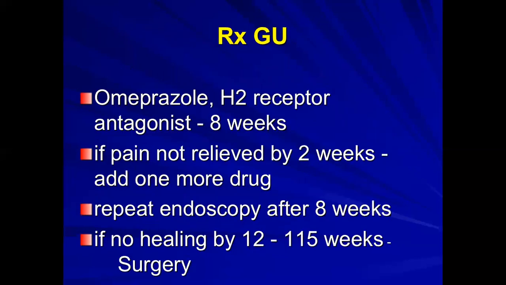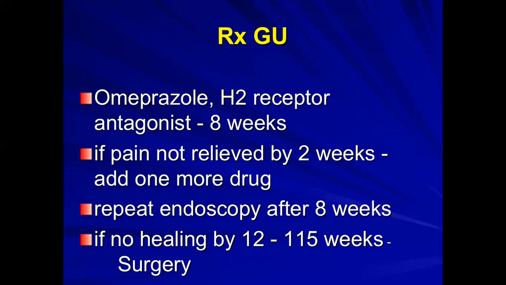In gastric ulcer, you have to give omeprazole or an H2 receptor antagonist for at least 8 weeks. If pain is not relieved by 2 weeks, add one more drug. Repeat endoscopy after 8 weeks if the patient is not responding to the treatment or has some red flag sign. If no healing by 12 to 15 weeks, first you have to take biopsies.